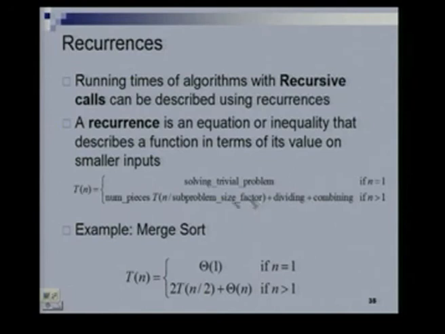That is the time required to solve each of the subproblems; that times the number of subproblems is the total time required to solve the various subproblems, plus the time required to do the division, plus the time required to do the combining. That would in general be the recurrence that you would get.